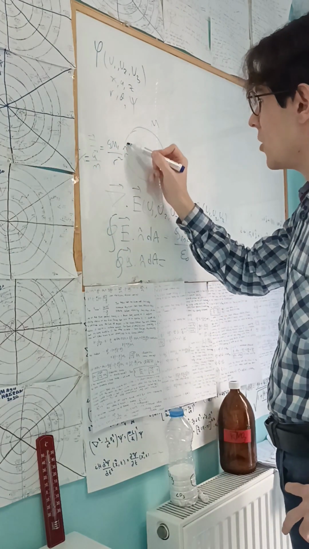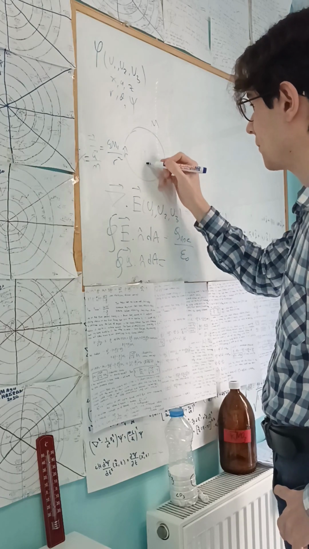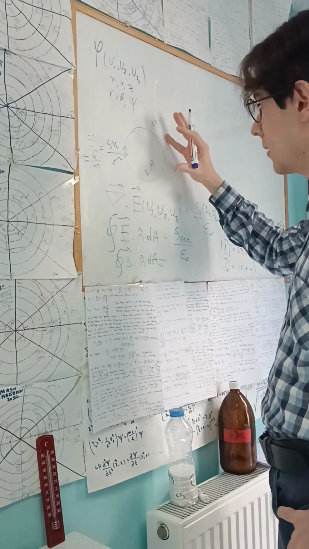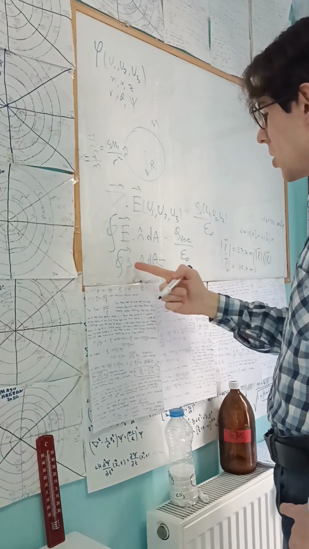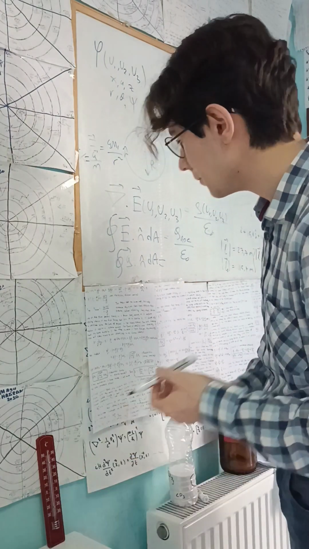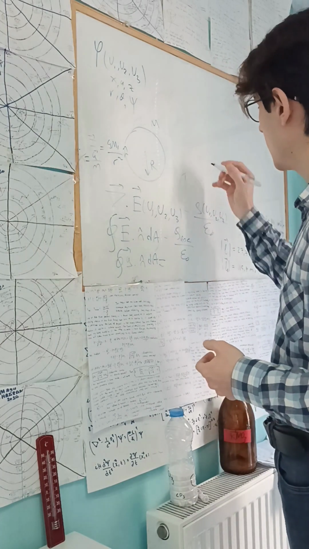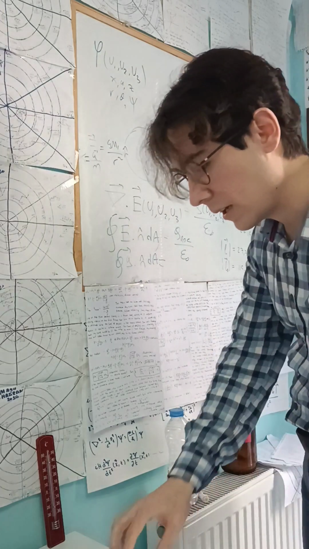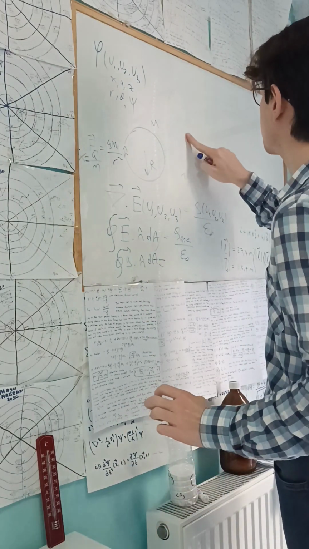So here is a Gauss surface. We can call the distance or radius of this sphere r. So we can write down this equation directly. Okay, it's going to be finished right now.